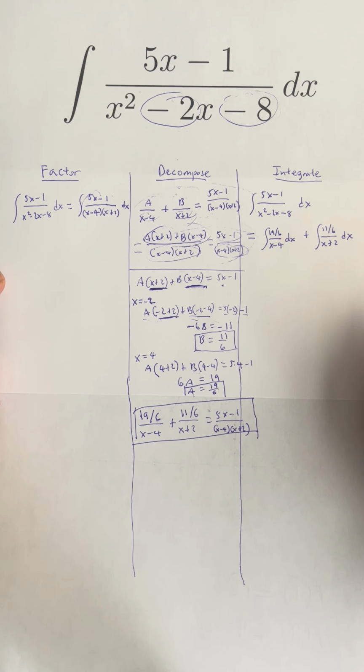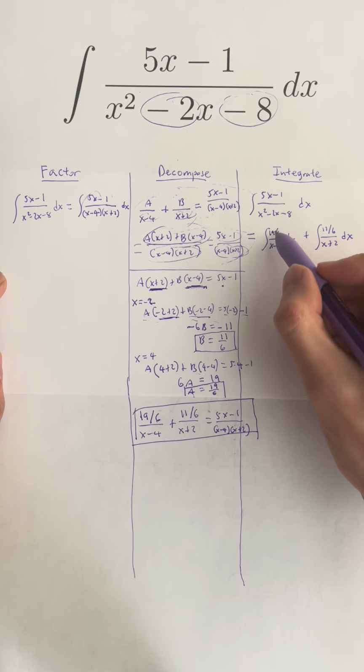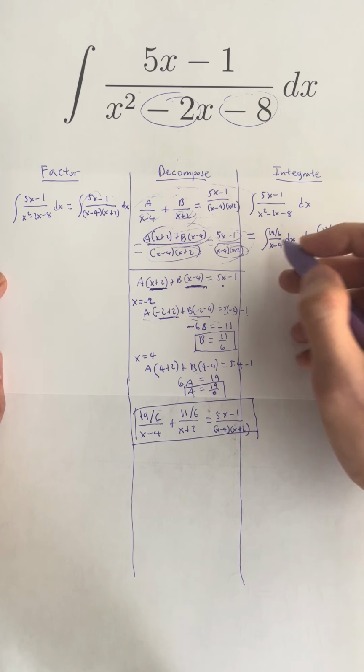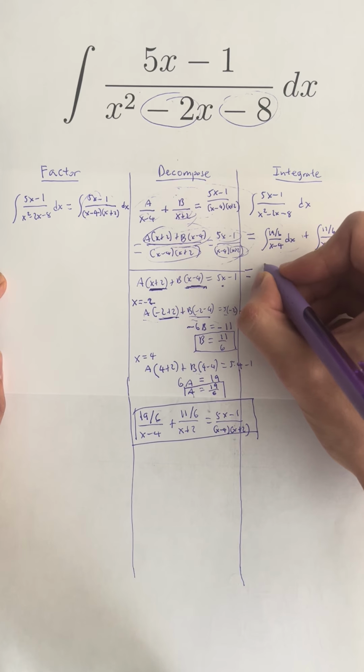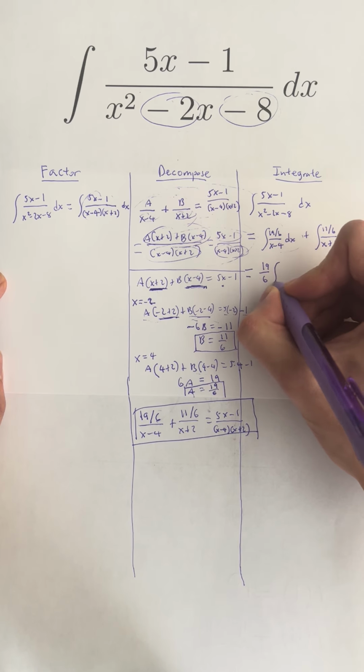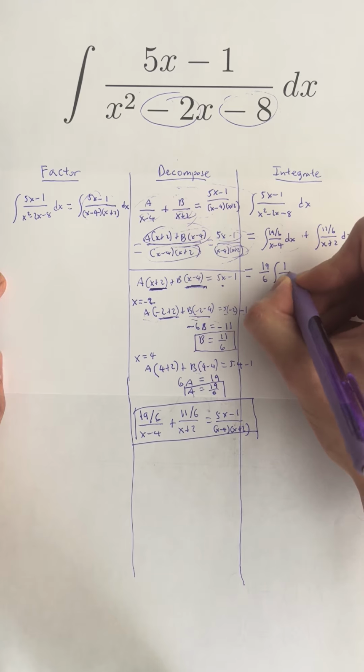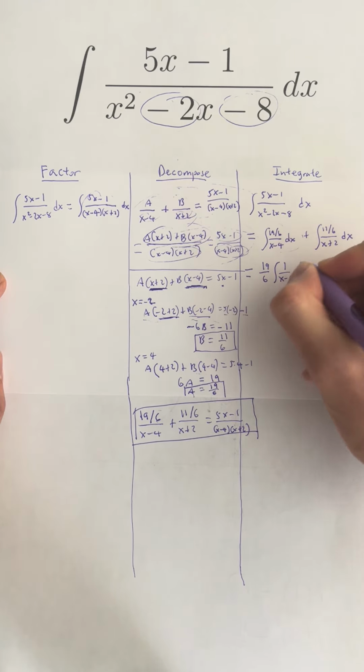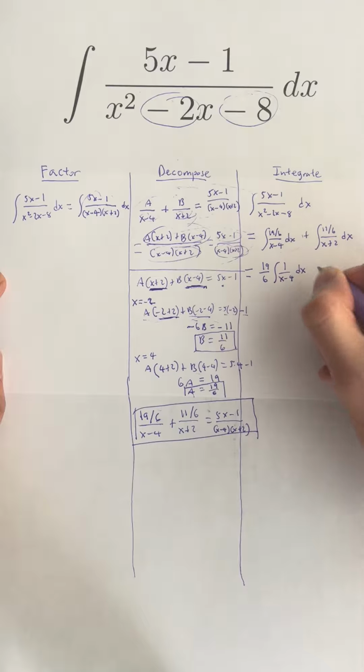Okay. This is the same thing as 19/6 times the integral of 1/x minus 4 with respect to x.